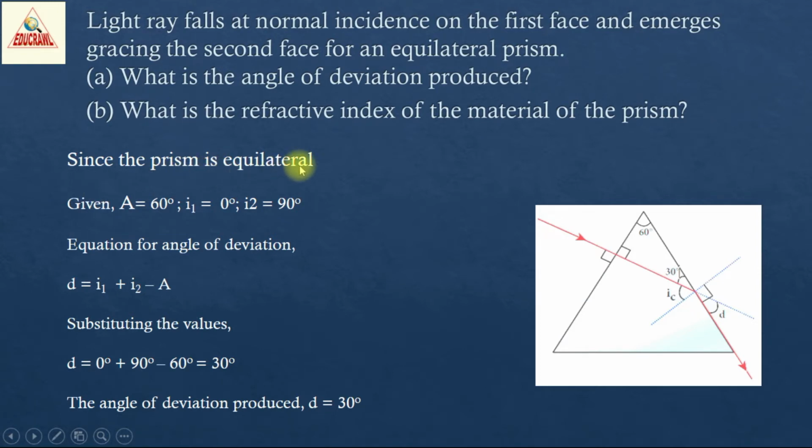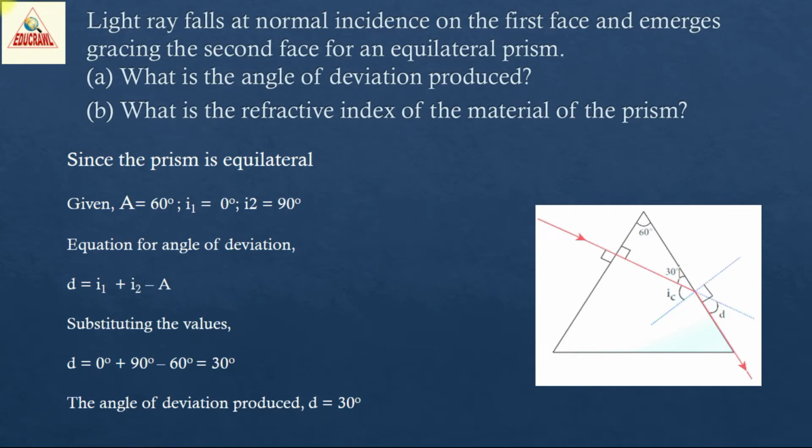The prism is given as an equilateral triangle. So the angle A, that is the angle of the prism, should be 60 degrees, and I1 is given as 0 degrees and I2 is equal to 90 degrees, because it is given that the light ray emerges grazing the second face.